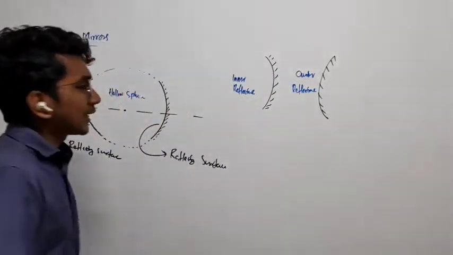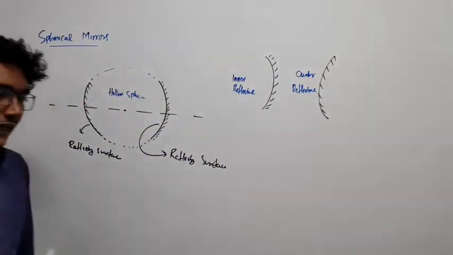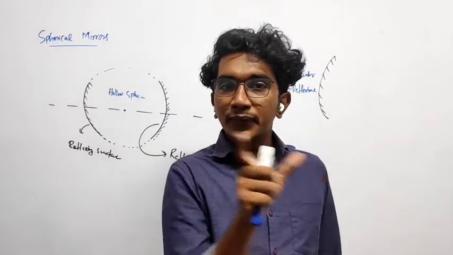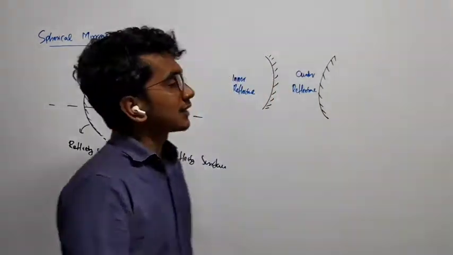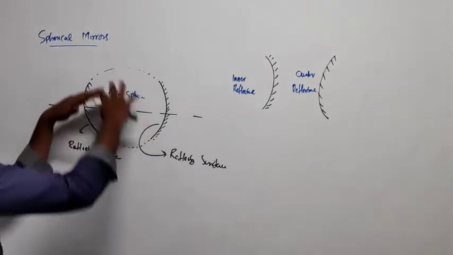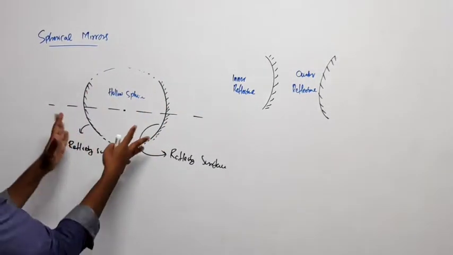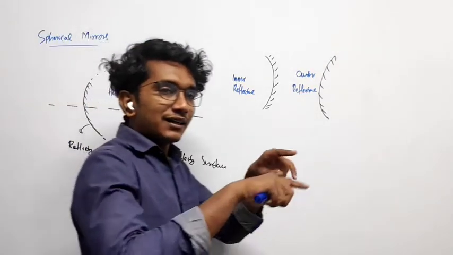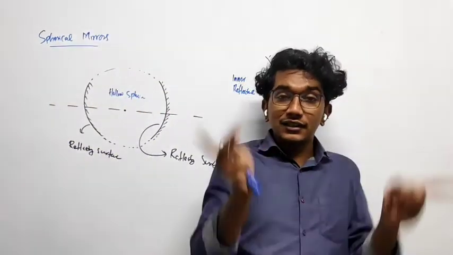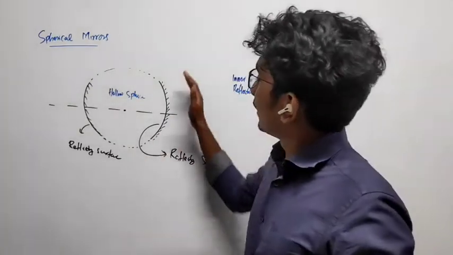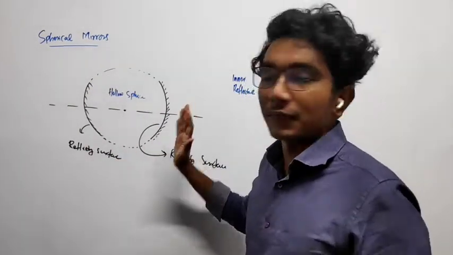So what are spherical mirrors? From the word itself, it is very clear: it is something related to a sphere, right? So let's have a hollow sphere. I have a hollow sphere here. I took a lot of time to draw this, because I can't draw a perfect circle easily, but I think this one is pretty perfect.